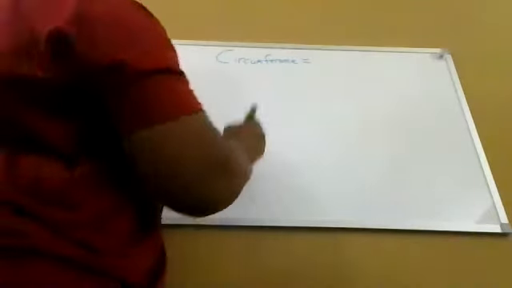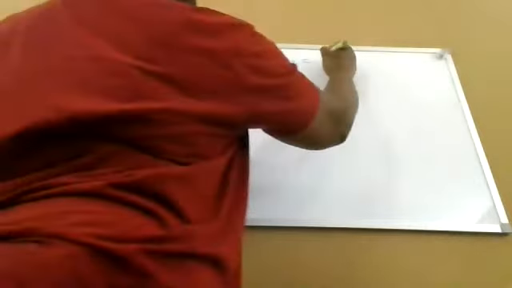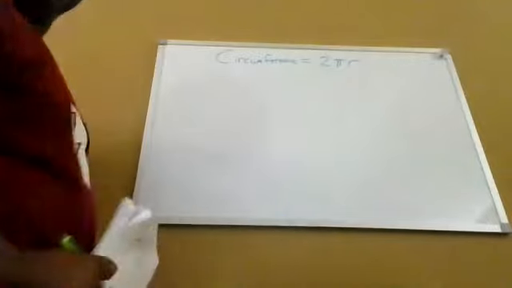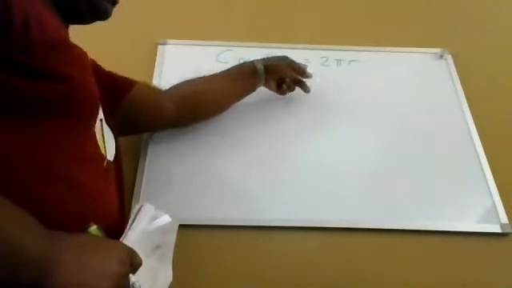The circumference is given by the formula 2 times pi times r.